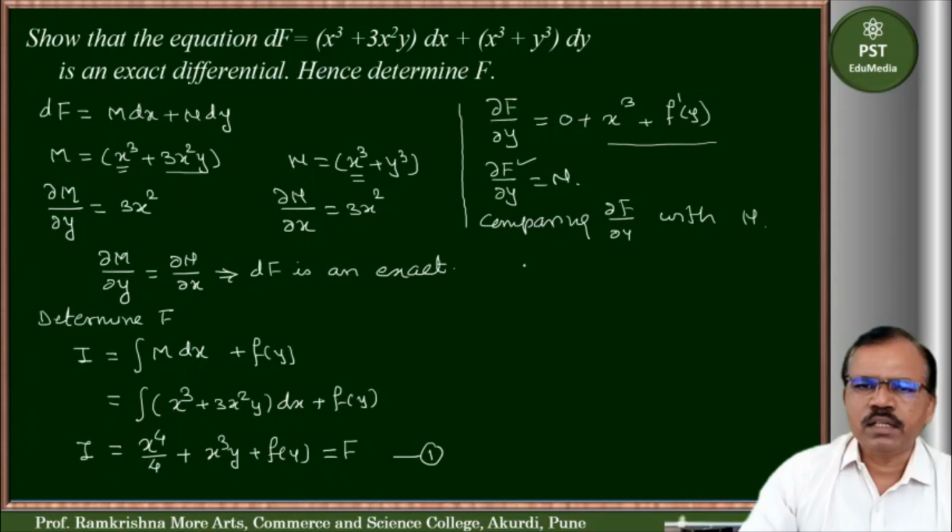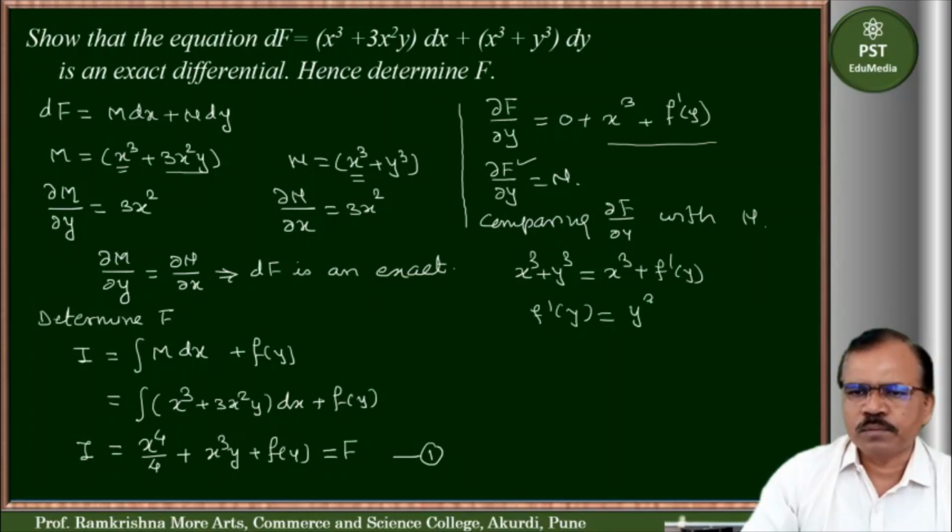So here x cube plus y cube will be equal to x cube plus f dash y. So here we will get f dash y is equal to y cube. So this is df by dy. It is equal to y cube. So we get here df is equal to y cube into dy.